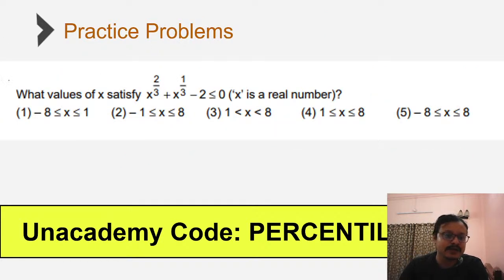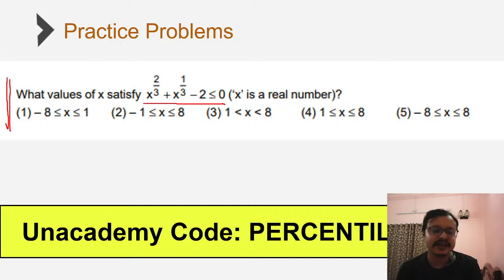The next one is a question on inequalities. What are the values of x that satisfy x to the power 2/3 plus x to the power 1/3 minus 2 is less than or equal to 0?